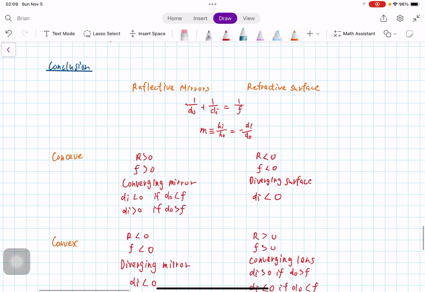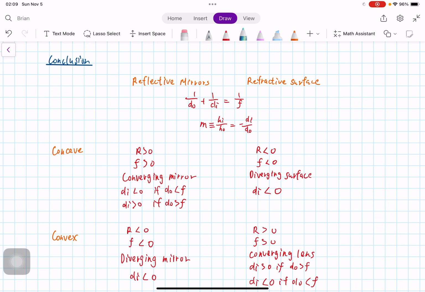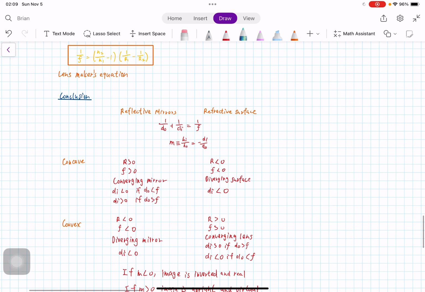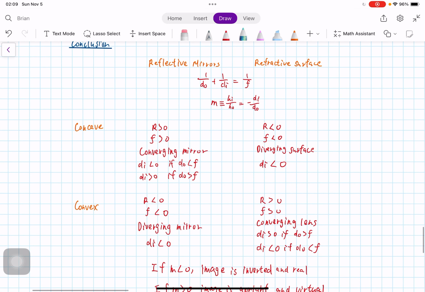So to conclude, since there are a lot of sign conventions in this chapter, I include a big table for it. And I could explain a little bit for it. For reflective mirrors, we're essentially looking at anything after it reflects. So we're looking at this side. So everything at this side should be positive after reflection.